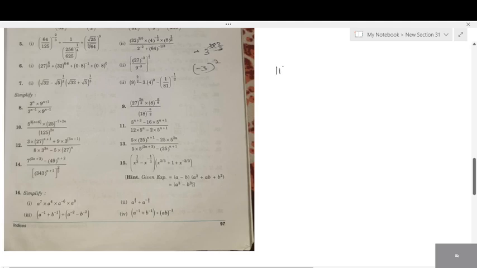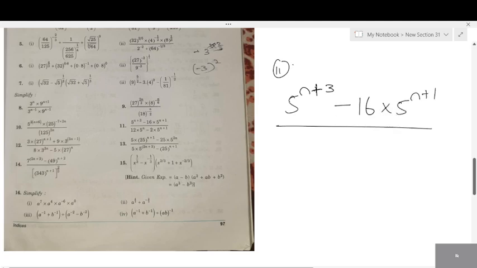Next one, 11th question, students. All of you tell me the 11th one. See, Abigail, in the previous question the powers do not have a variable. Can you see from 8 to 15, everything has a variable. N is present, right? So we factorize the base, not the denominator. That's the concept. 12 into 5 to the power of n minus 2 into 5 to the power n plus 1.